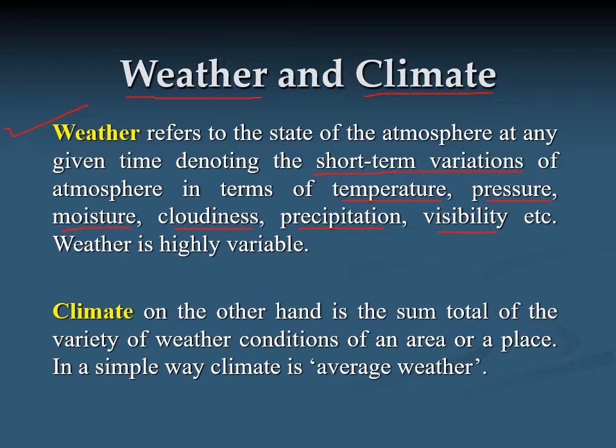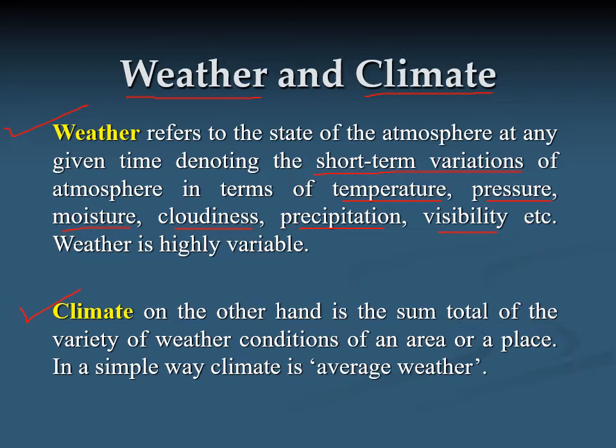Tomorrow there will be some precipitation in the amount of rain in the form of rainfall, such and such. So these are the weather conditions which we are describing for any particular place. But when we are going to say the climatic condition of that place, we have to deal at least with a decade time span or even higher, hundreds of years or thousands of years.